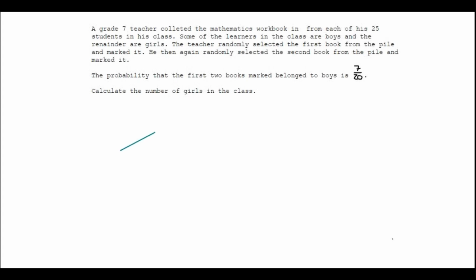So if we had to choose a boy or a girl from that first pick, remember he picked up a book randomly at first. The chance of picking up a boy's book would be however many boys there are out of 25. The probability of boys would be the number of boys over the total number in the class.